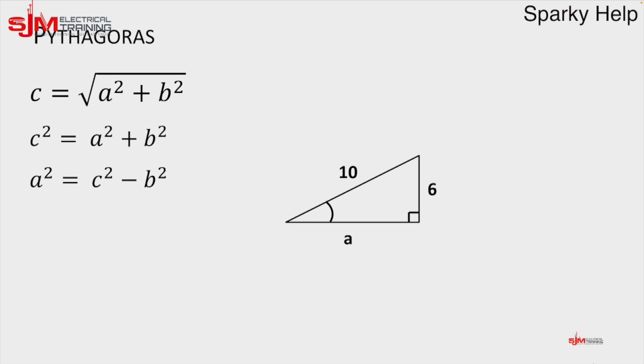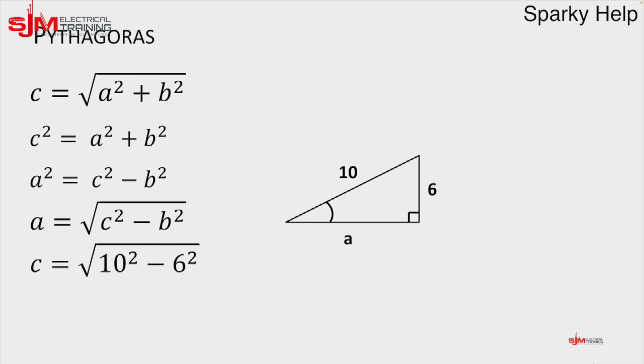Now we've got to get rid of the squares, and we put the square root back over the other side again. So it's just adding up and subtracting, that's all you're doing. And then we put the numbers in, so that becomes 10 squared minus 6 squared and square root the answer of that. So that becomes 8.